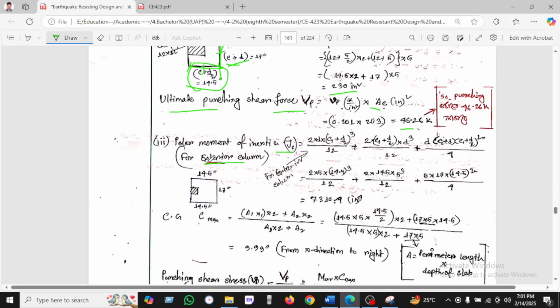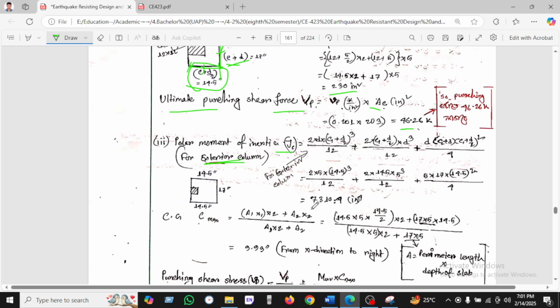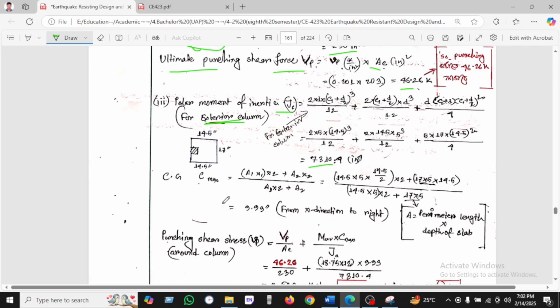So as we see the exterior column, that's why we are using this formula. So putting this formula and found 71.4 inch. And we are CG, which is X bar equal to A1 X1 plus A2 X2 divided by A1 plus A2 and found 9.93 from left division to right.